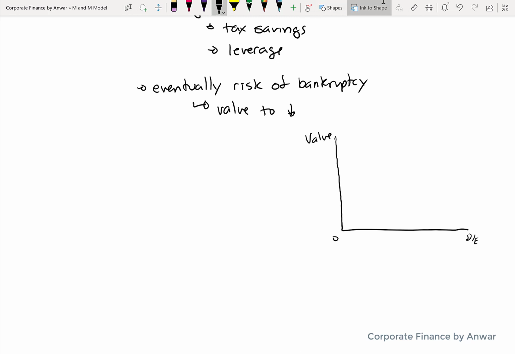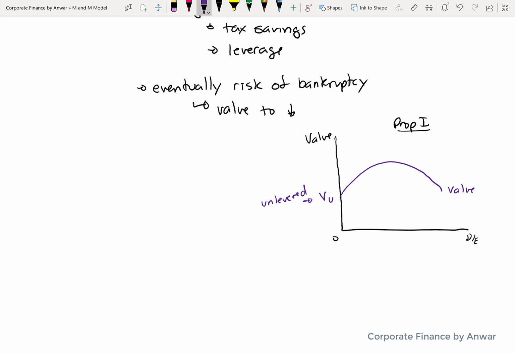The first one is the proposition 1, the value on the vertical axis and the level of debt on the horizontal axis. And you'll see that it's going to be a chart that shows a maximum value at a certain point. So at a 0 level of debt, the value of the company is going to be VU, which is the unlevered value.